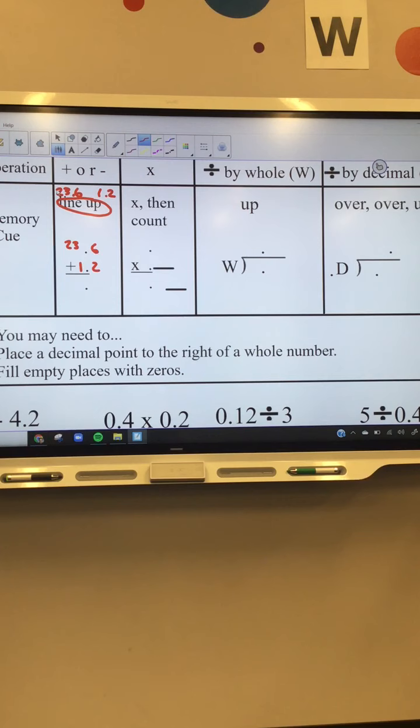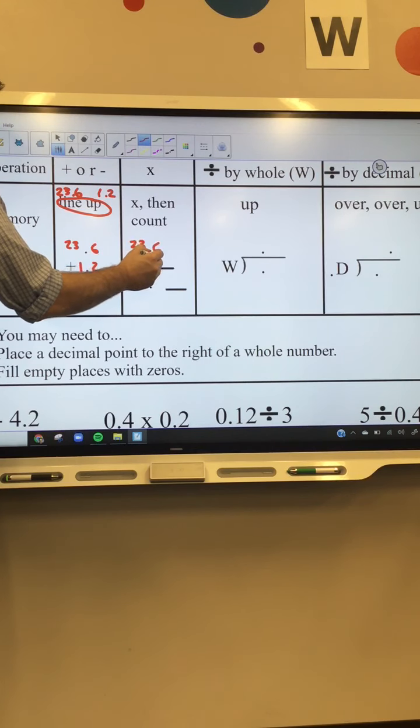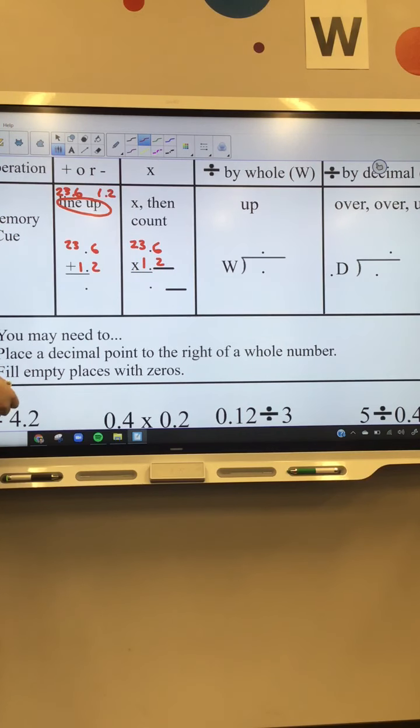When we multiply decimals, it says you multiply and then you count something. Okay, so let's do that same thing. I'll use 23.6, and I'm going to use 1.2. And I know we've talked about this before, but as you multiply, you don't really pay any attention to that decimal. You just multiply.